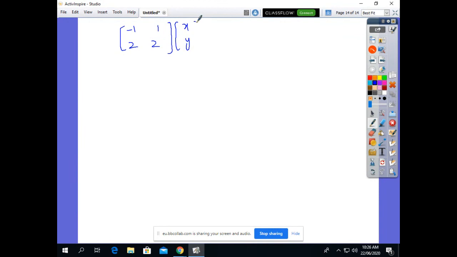Here we write x and y, and 3.5, 67. Now we call these matrices: the first matrix we call matrix A, the second matrix X, and the third one matrix B. Now we solve. First of all, the determinant of matrix A, which is -1, 1, 2 and 2.